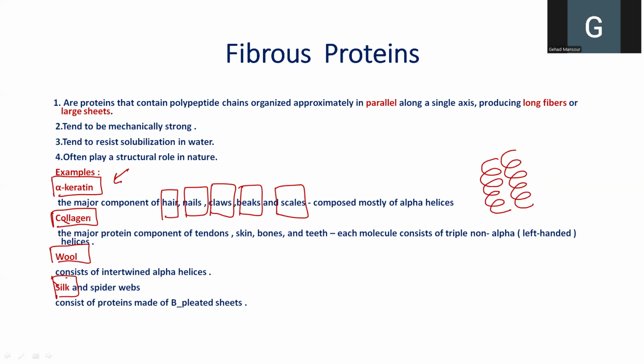And then we have collagen, and as we know, collagen is present in the tendons. Every muscle is attached via a connective tissue tendon to the bone. So collagen is not only present in the skin, but it's also present in bones, in the teeth, and in the tendon, and it is made of helices.